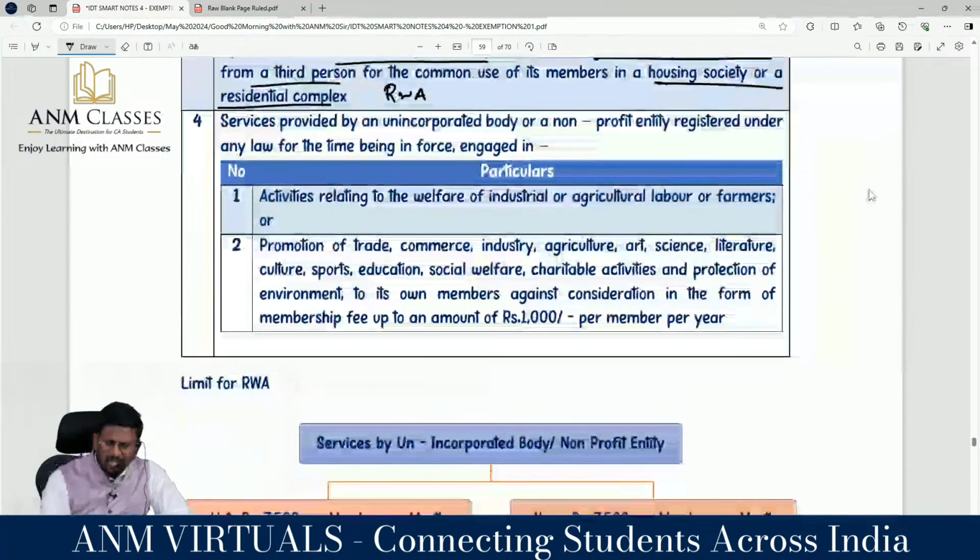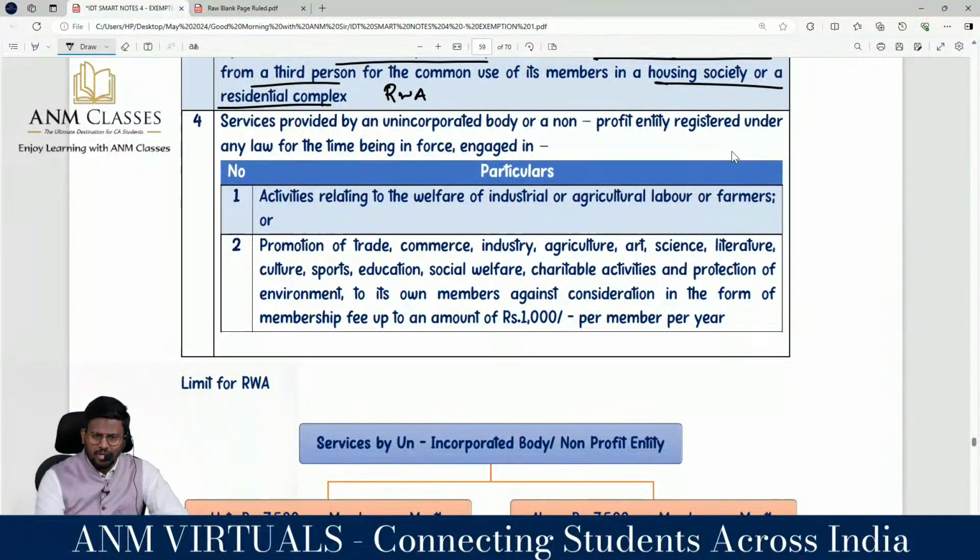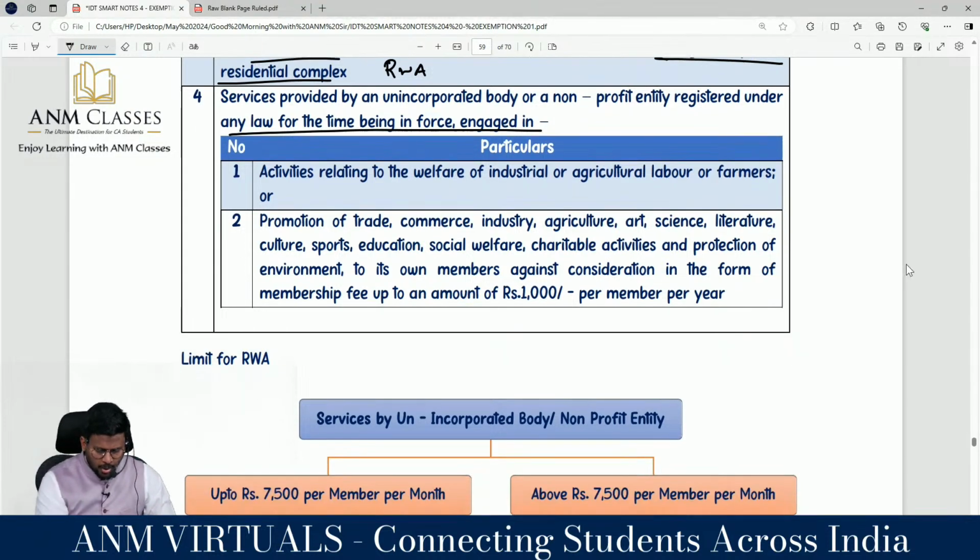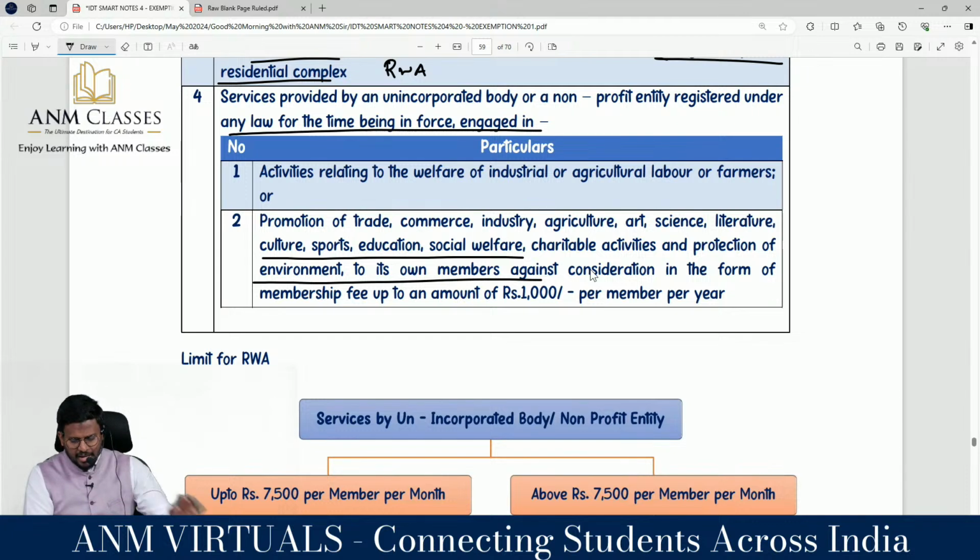Service provided by an unincorporated body or non-profit entity registered under any law for the time being in force, engaged in any activity relating to welfare of industrial or agricultural labor or farmer, or promotion of trade, commerce, industry, agriculture, art, science, literature, culture, sports, education, social welfare, charitable activity and protection of environment, to its own members against consideration in the form of membership up to an amount of 1,000 per member per year is exempt.